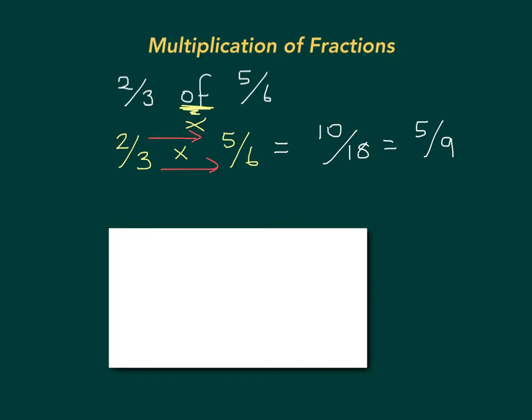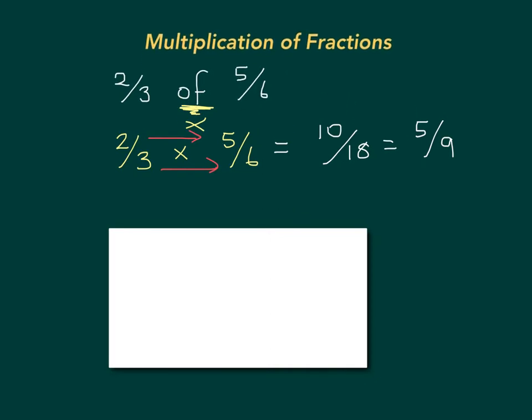So we're asked 2/3 of 5/6. So if you were just asked, instead of 5/6, 2/3 of a chocolate bar, you would need to draw that chocolate bar out first. And it would need to have a certain number of pieces in it. So to determine how many pieces we have in our chocolate bar, we would look at the denominators, just like our addition and subtraction, and we'd split our grid into 3 by 6.